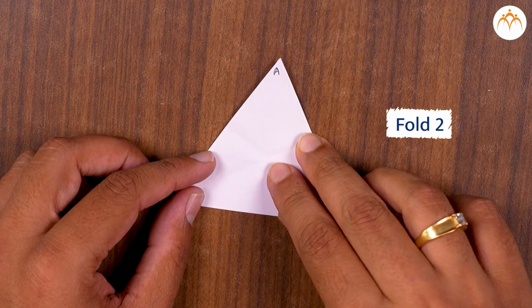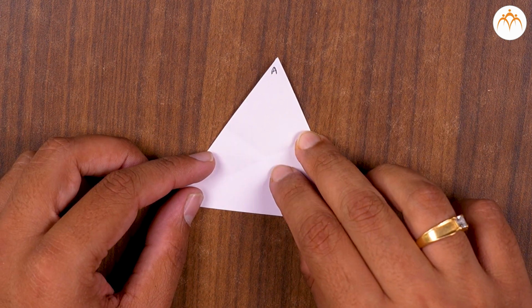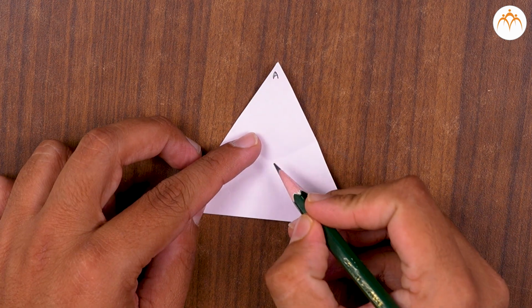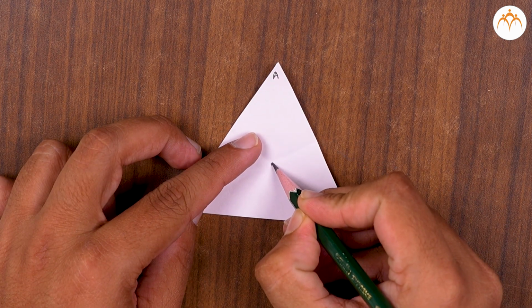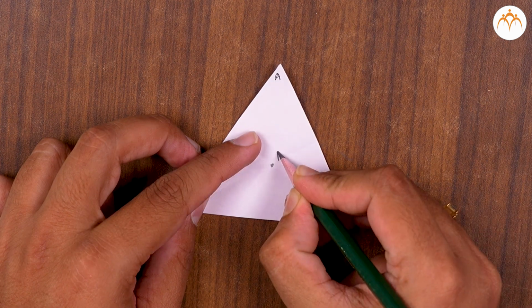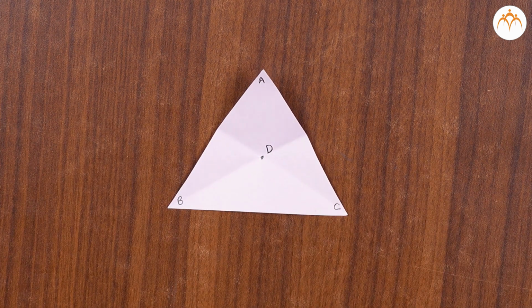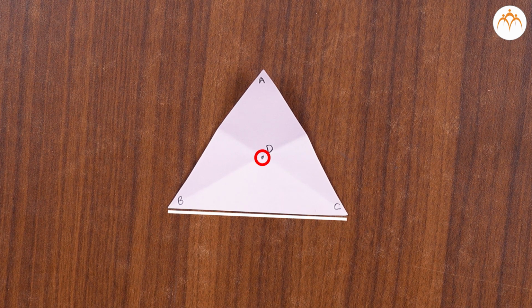The point where both folds intersect, let's mark that point with pencil. Let's name this point as D. Now, draw a perpendicular from point D to the base BC.